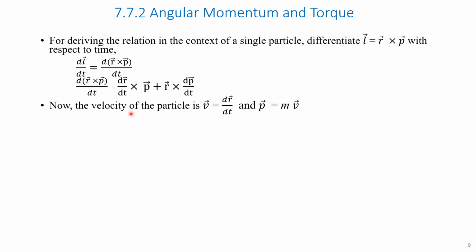Now the velocity of the particle is given by the relation vector v = dr/dt. We already know that vectorially the velocity can be written as dr/dt, the rate of change of displacement, and we also know that vector p = m v.